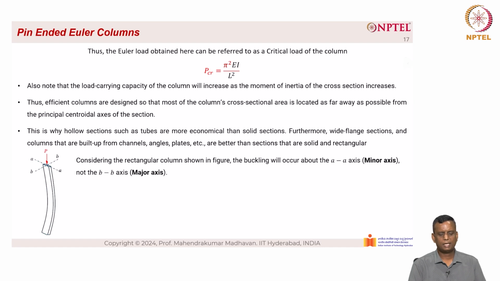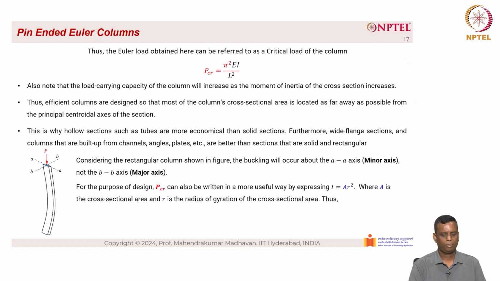So, considering the rectangular cross-section shown in the figure, the buckling will occur about the AA minor axis and not BB the major axis. For the purpose of design, P critical can also be written in a more useful way by expressing I equal to AR square, where I is the moment of inertia, A is the area of the cross-section, and R is the radius of gyration of the cross-section.